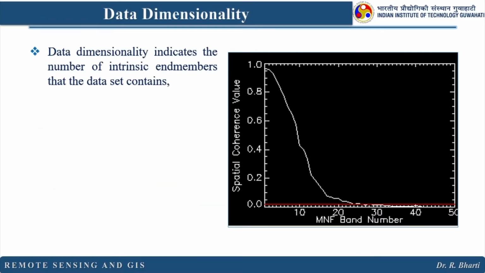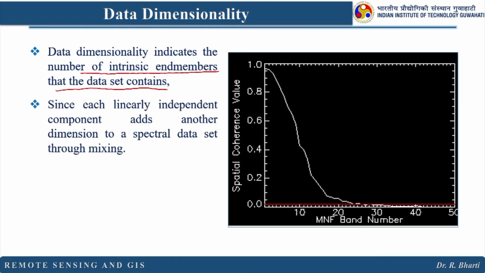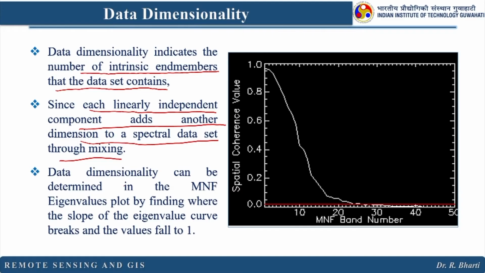So how do we exactly do this? Data dimensionality indicates the number of intrinsic end members that the data set contains, right? Since each linearly independent component adds another dimension to a spectral data set through mixing, the data dimensionality can be determined in the MNF eigenvalue plot by finding where the slope of the eigenvalue curve breaks and the values fall to 1.